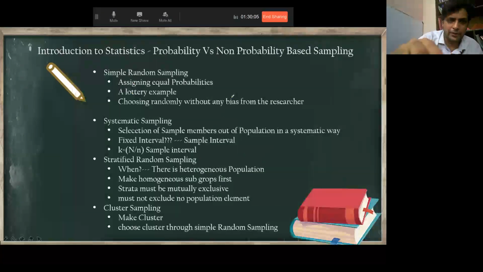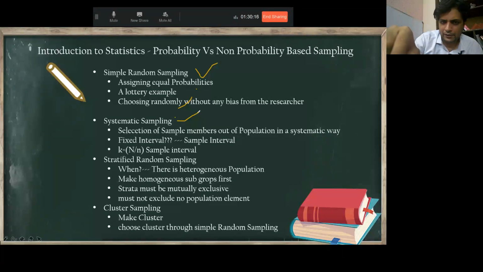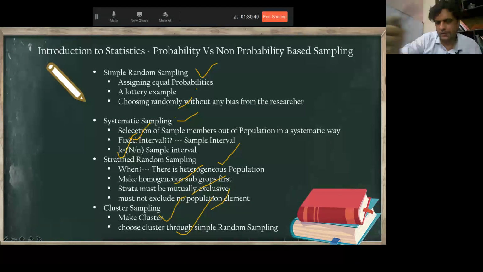In probability sampling, simple random sampling means assigning equal probabilities and choosing randomly without any bias from yourself. Systematic sampling is selecting sample members out of the population in a systematic way with a fixed interval, which you can get through a formula. Stratified: when there is a heterogeneous population, make homogeneous subgroups, then sample. They must be mutually exclusive, with no one excluded. Cluster: make clusters, choose clusters through random sampling. So those are the basic sampling techniques.